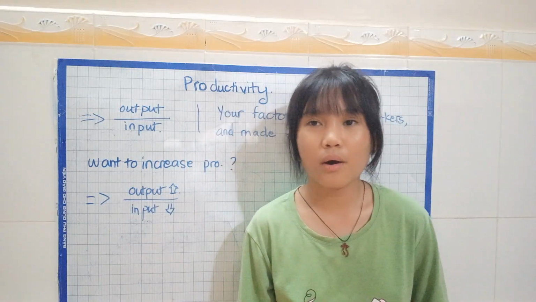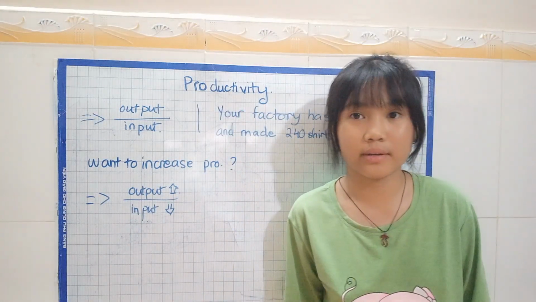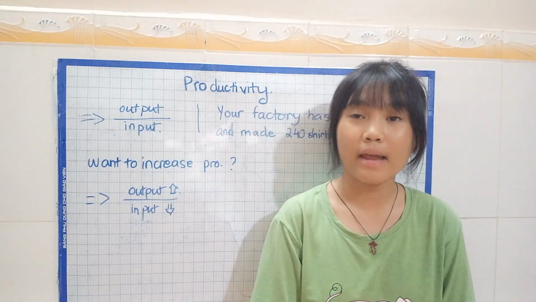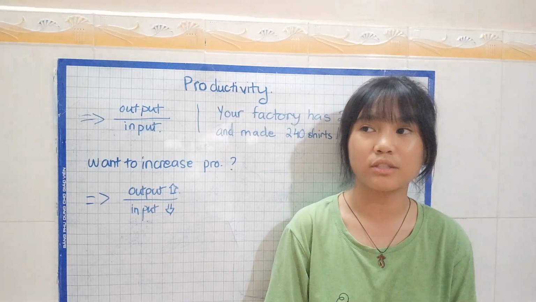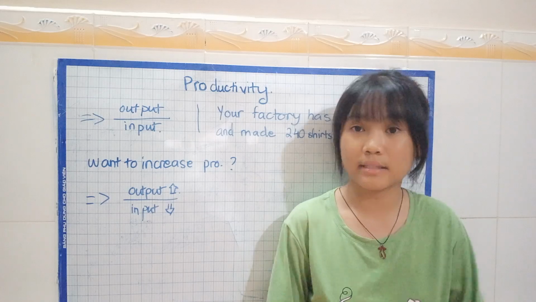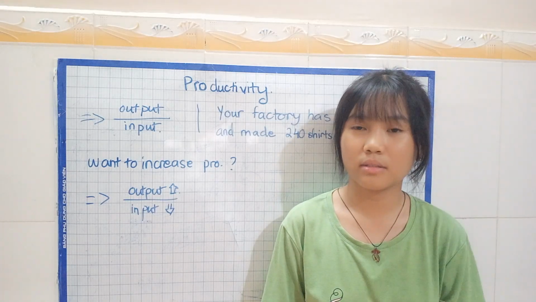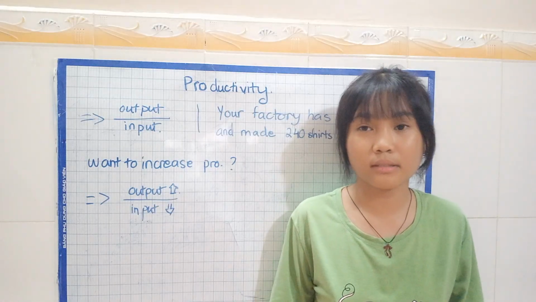So let's say your factory, a small branch of the factory, has 20 workers, and every day the company was able to make 240 shirts. Okay, so a sewing factory. How much is the productivity?